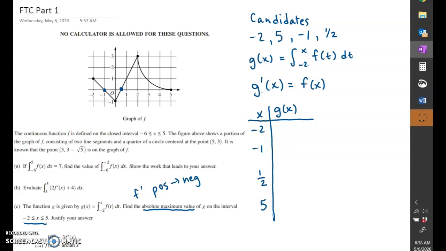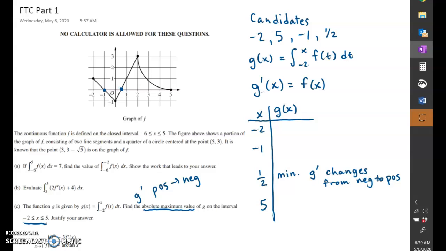I can throw out 1/2 as a possibility because that's going to be a minimum. 1/2 is a minimum because, sorry, not F, G, I said F, but I meant G prime changes from negative to positive. So I don't have to calculate what G of 1/2 is, but I do have to calculate what G of -2 is.